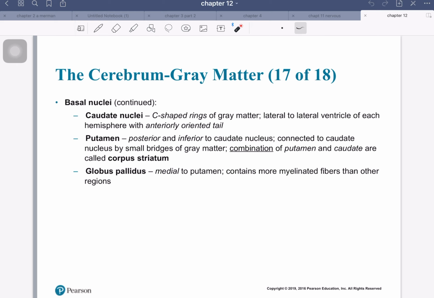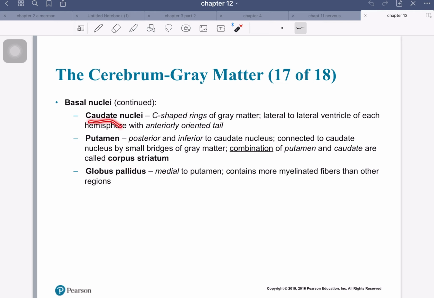Okay, so the putamen is the other one. It's posterior and inferior to the caudate nucleus, and it's connected to the caudate nucleus by little bridges of gray matter. Often the putamen and the caudate, because they're involved in some of the same things, functionally are called the corpus striatum.